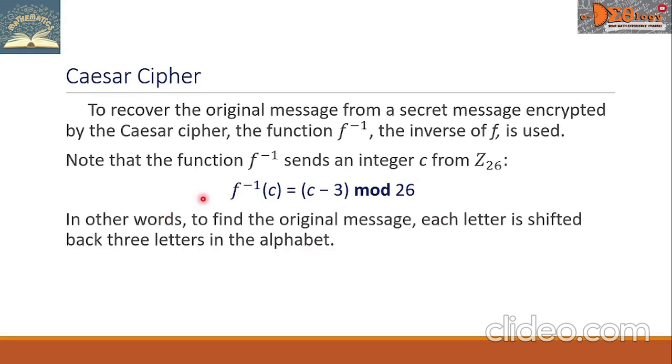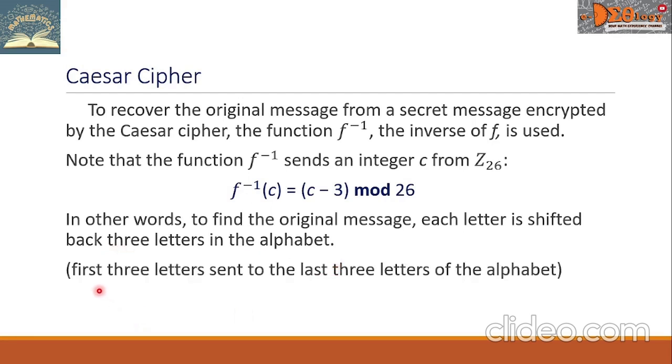In other words, to find the original message, each letter is shifted back 3 letters in the alphabet. Note that the first 3 letters are sent to the last 3 letters of the alphabet.